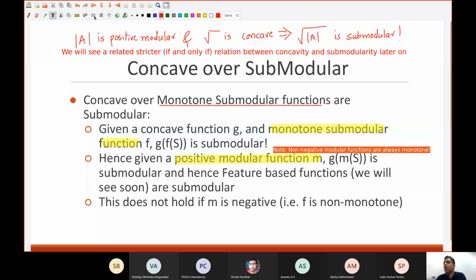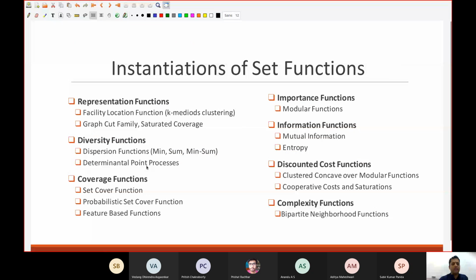Okay, so here are some instantiations, and we'll look at some of them. We may look at them in slightly different order, but they have representation functions where you're trying to represent some points, say facilities, some food outlets which you want to set up such that those food outlets cater to the population.